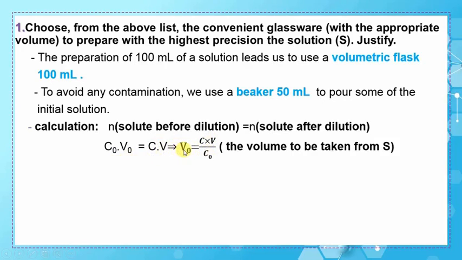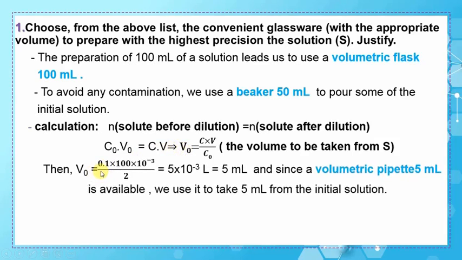V0 is the volume that must be taken from S0. V0 equals 0.1 times 100 times 10 exponent negative 3 over 2, equals 5 times 10 exponent negative 3 liter, equals 5 milliliter. And since a volumetric pipette 5 milliliter is available, we use it to take 5 milliliter from the initial solution. So the materials are volumetric flask 100 milliliter, beaker 50 milliliter, and a volumetric pipette 5 milliliter.